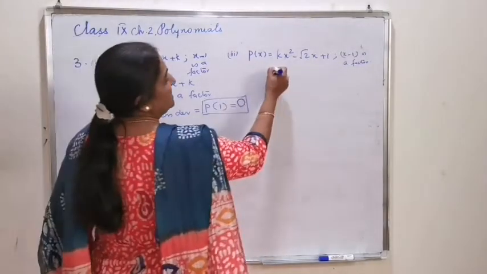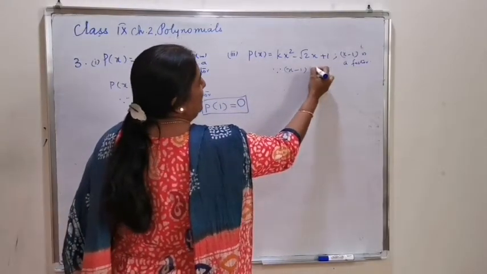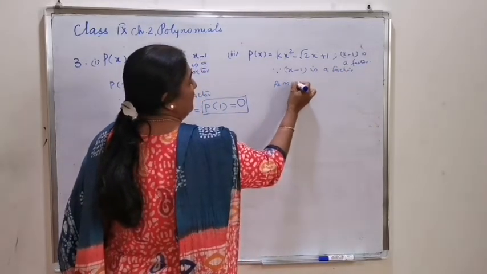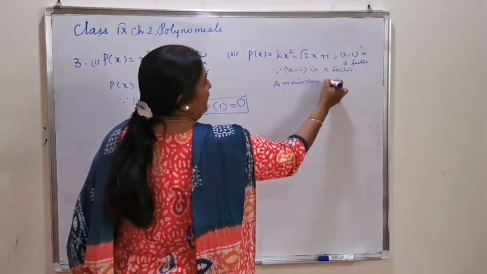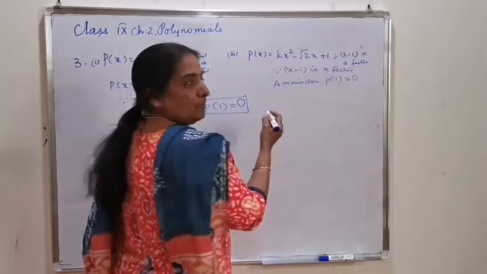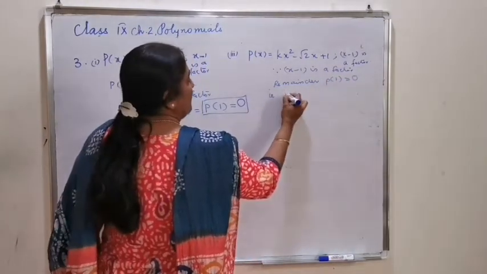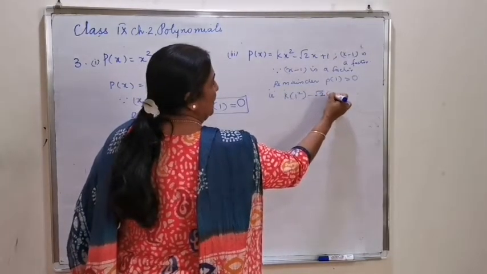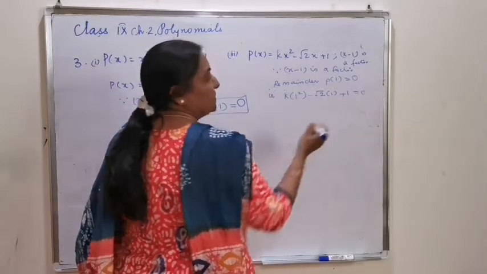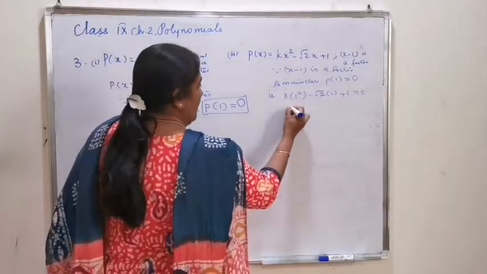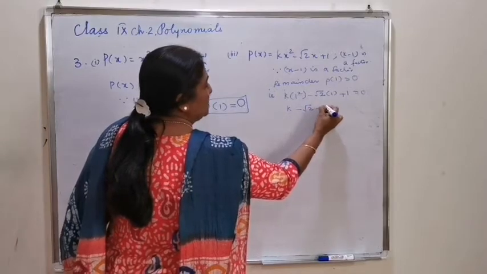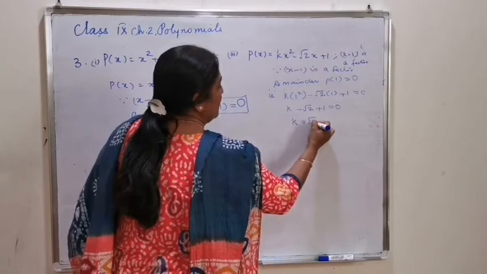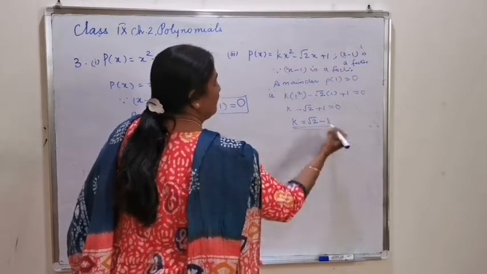Similarly, since x minus 1 is a factor, remainder P of 1 is equal to 0, that is k into 1 square minus root 2 into 1 plus 1 equal to 0, k minus root 2 plus 1 equal to 0, or the value of k is root 2 minus 1.